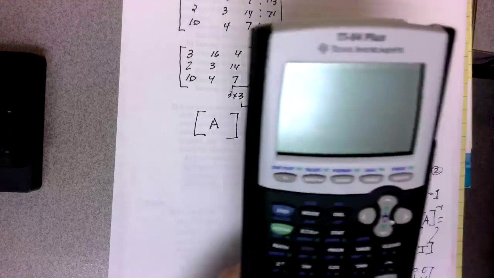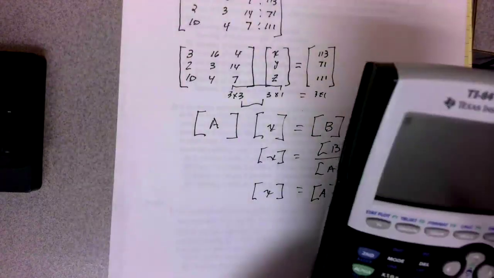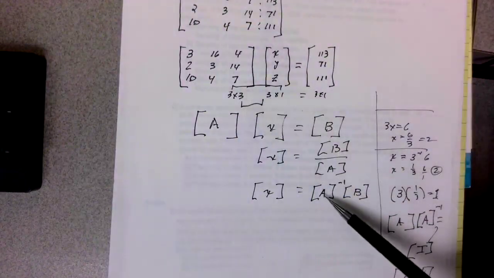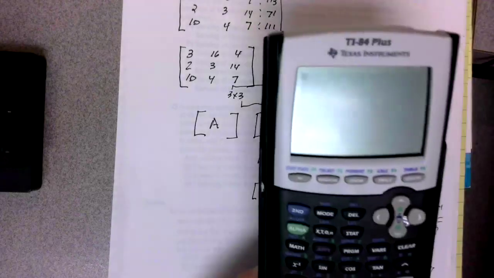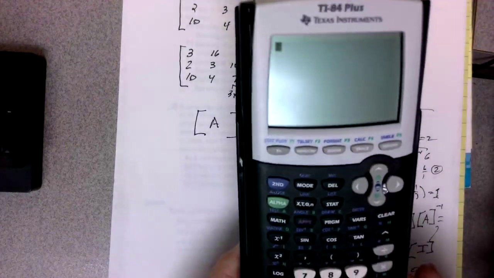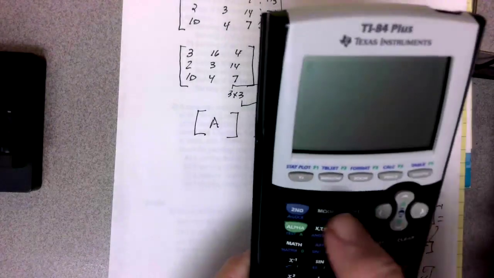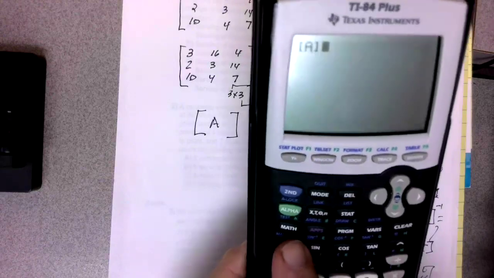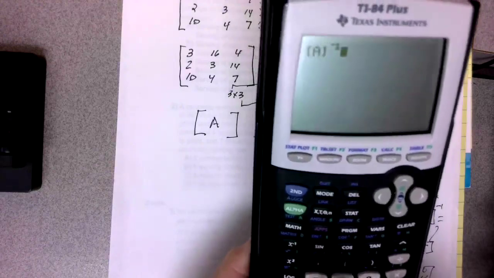Now it gets pretty simple, because what I'm going to do is let the calculator determine the inverse of this coefficient matrix, and then I'm going to multiply it times the constants matrix. So here we go. Second matrix, matrix A, hit the inverse button here.